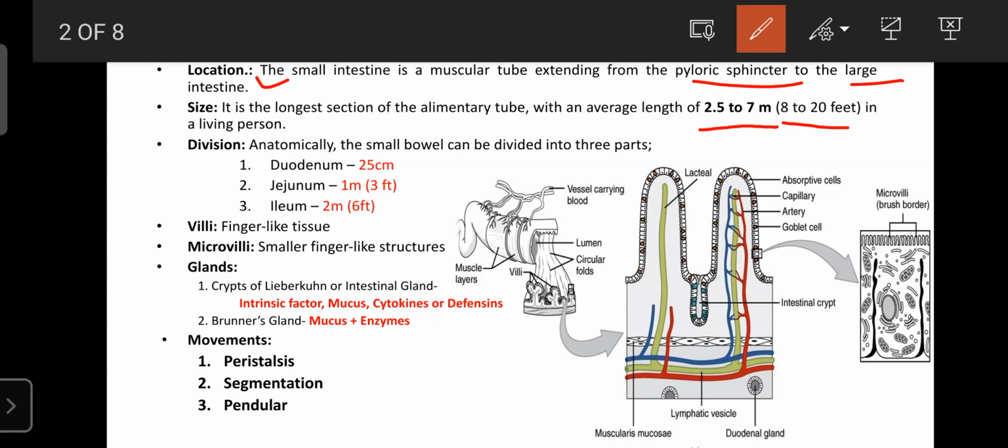The ileum is present between the jejunum and the large intestine. The ileum consists of 2 meters or 6 feet. The ileum plays an important role in the absorption of food. Digestion takes place, but it especially plays the role of absorption of food.